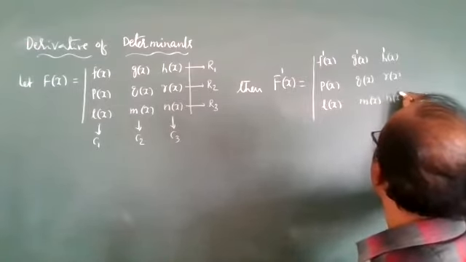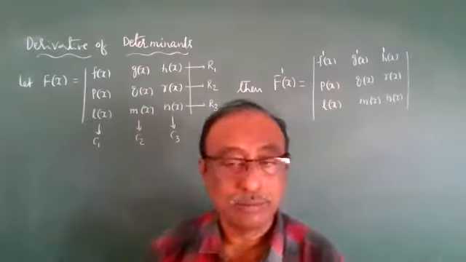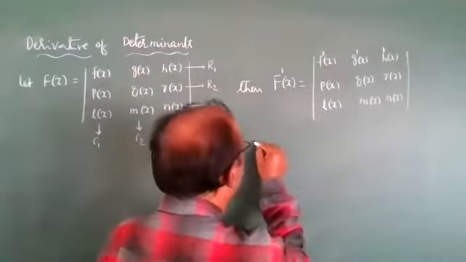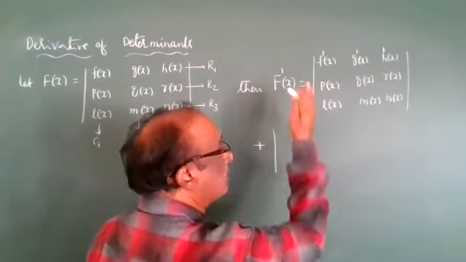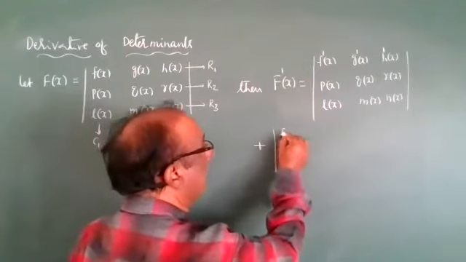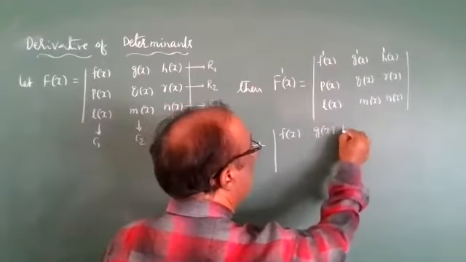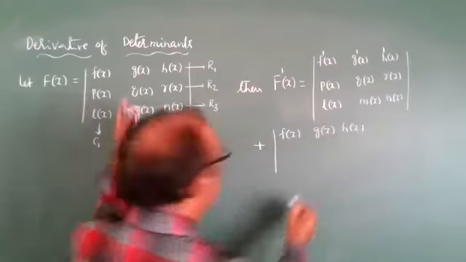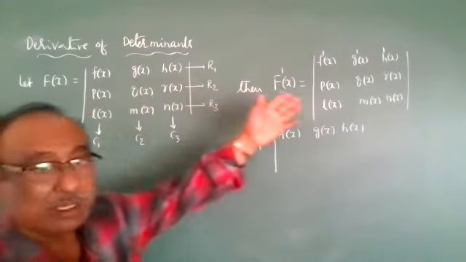No question of the second or third row. Plus, now the second row derivative, first row kept the same: f of x, g of x, h of x. The first row derivative is over.